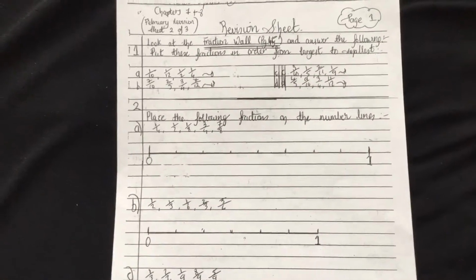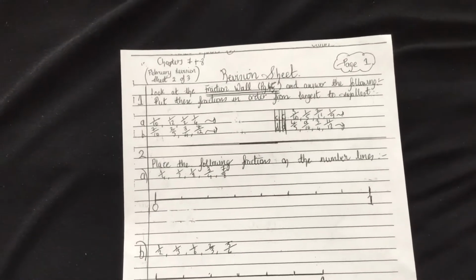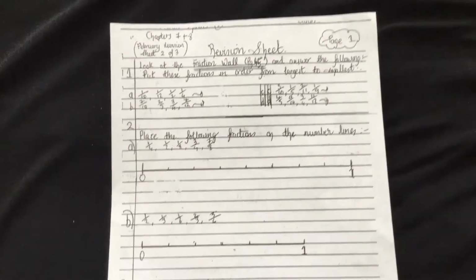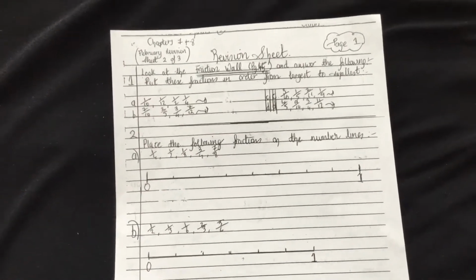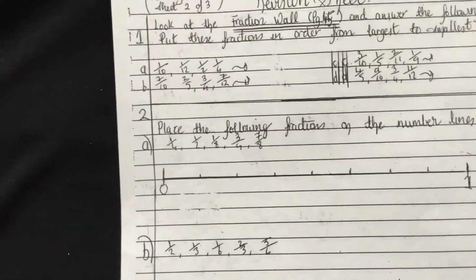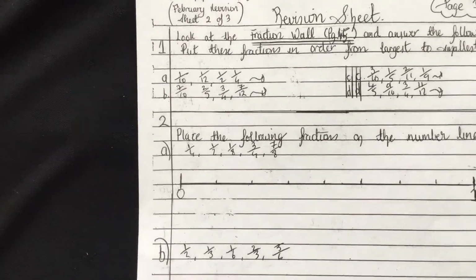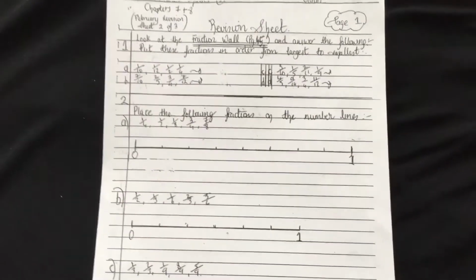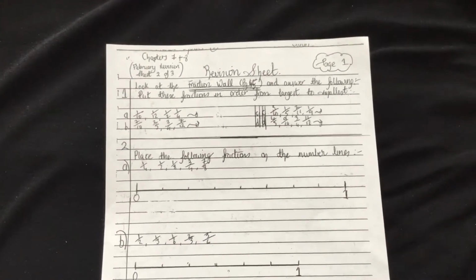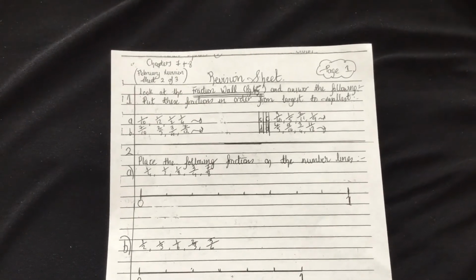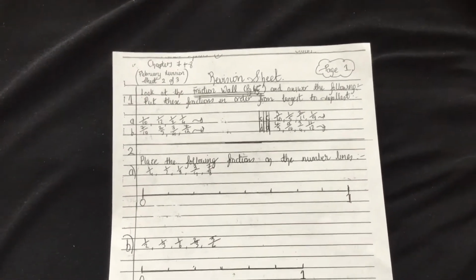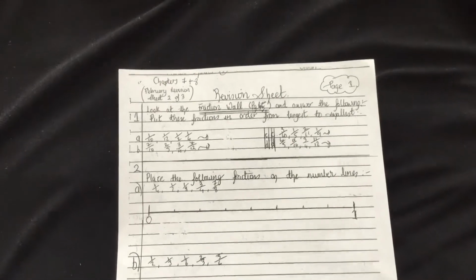In 2A, place the following fractions on the number lines: a quarter, a half, an eighth, 3 quarters, and 7 eighths. And remember, this number line is going from 0 to 1, so all the numbers within are parts of numbers.